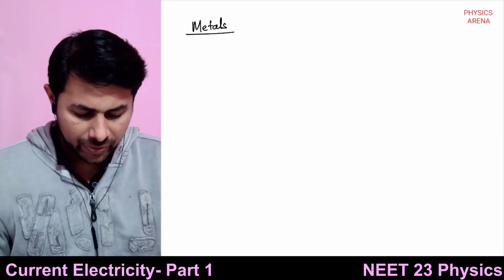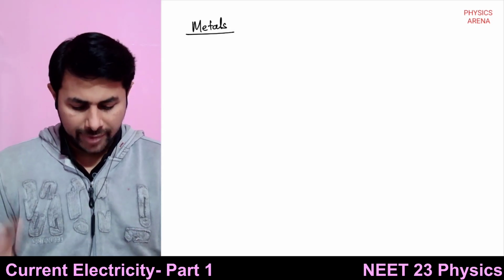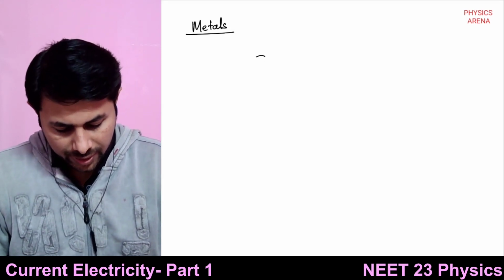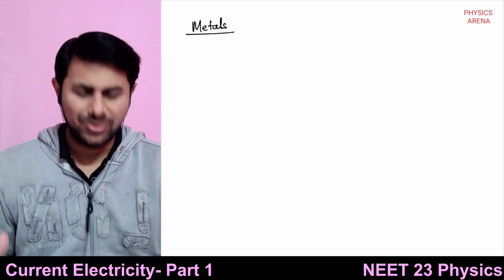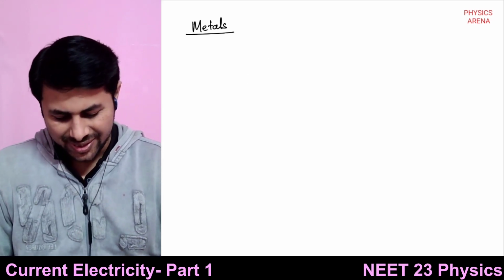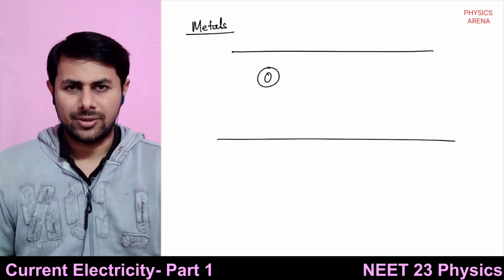So we know everything is made up of atoms and molecules. Metals are made up of atoms which have 1, 2, 3 electrons in their outermost shell, right? These metal atoms give up those electrons.